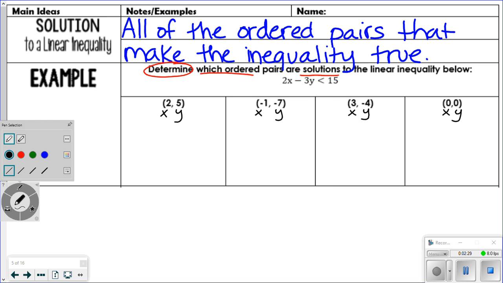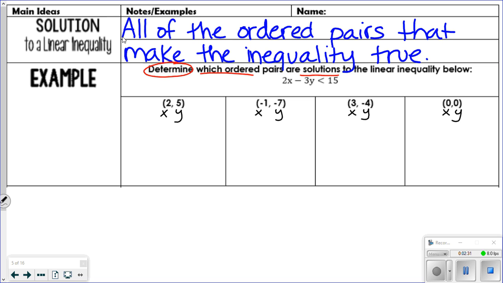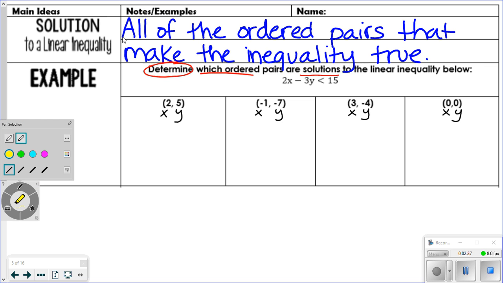And the inequality above is in standard form, Ax plus By is less than C. So we're going to take this 2 and substitute it in for x. We're going to take this 5 and substitute it in for y. And we're going to do that for all of these ordered pairs. x goes in for x, y goes in for y.